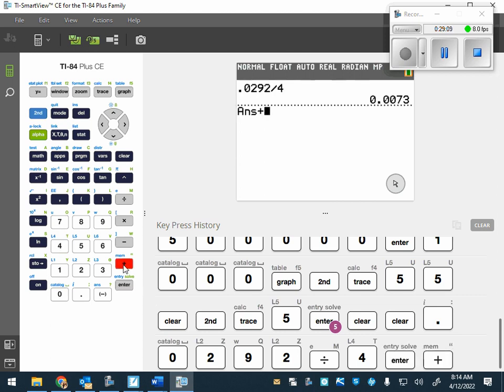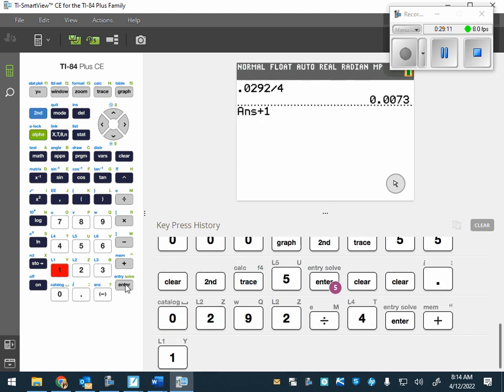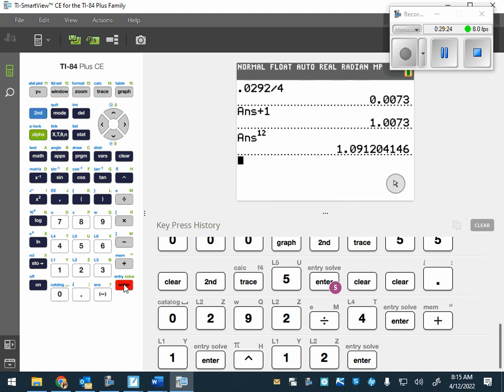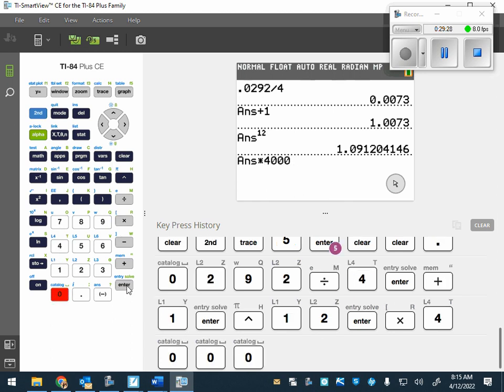Plus 1. Then I'm going to raise it. So I'm taking care of my fraction first, then parentheses. Raise it to, what's 4 times 3? 12. Then I multiply by 4,000. That's going step by step. So your ending balance would be $4,364.82.